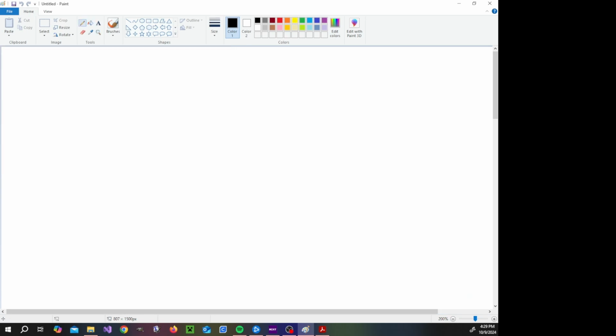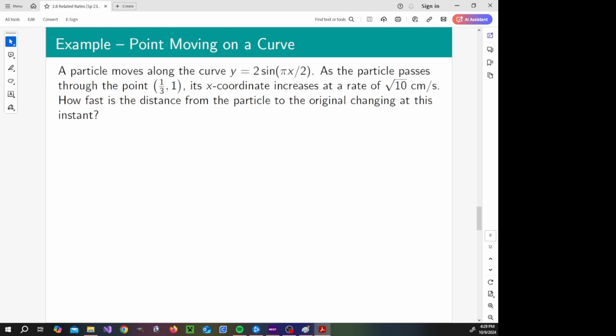So something really subtle is happening here. If we look at the graph that it's telling you of this point, it's going to look something like this, right? Well, it tells us that we have y equals, is it 2 sine? Yeah, 2 sine of pi times x over 2.